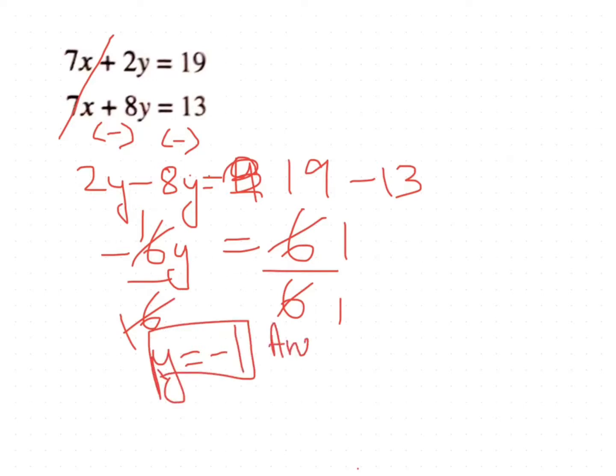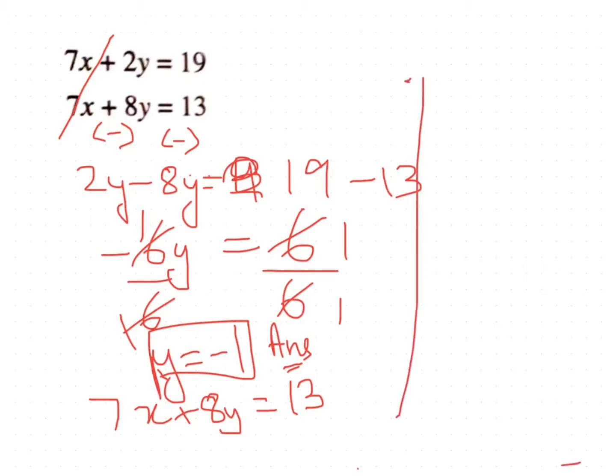Now the value of x. How can we find the value of x? Same method. For example, I am choosing equation number 2, that is 7x plus 8y equals 13. Now we just have to solve the equation.